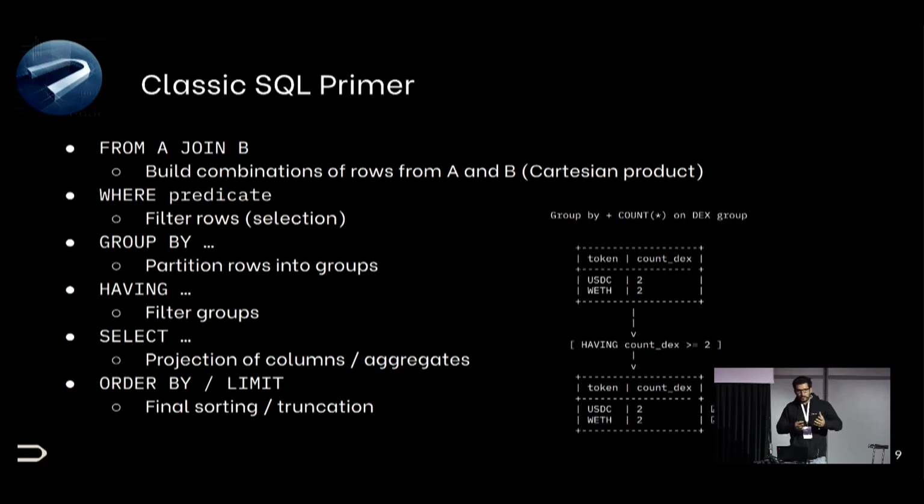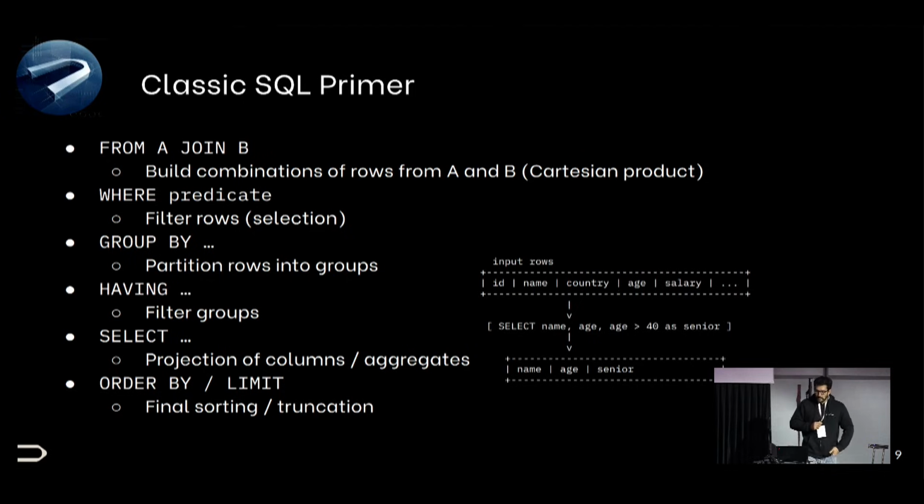So it's like a where clause, but it works after the group by. Then you have select, which projects from one kind of result, so from a specified number of columns to another specified number of columns as well. And you can do operations on these columns, and most of the time you are dropping columns. Okay, and order by and limit, sort, and truncate, respectively.